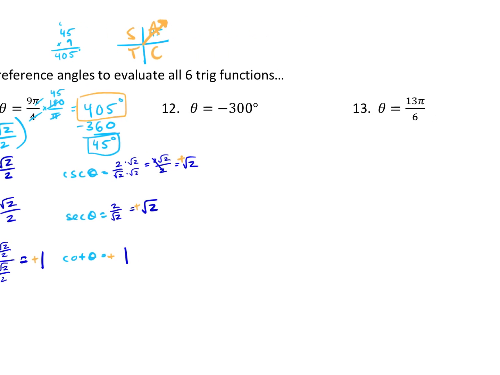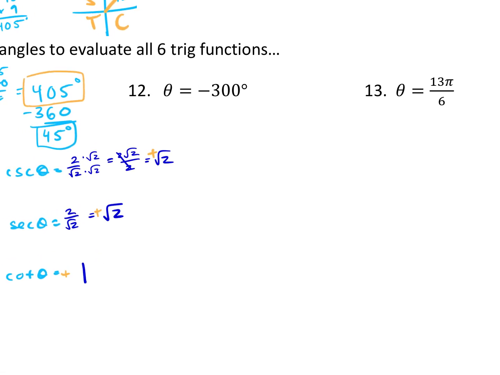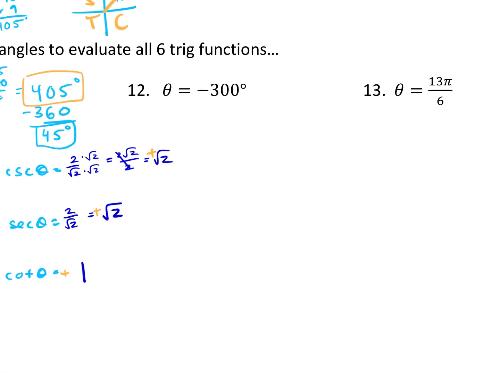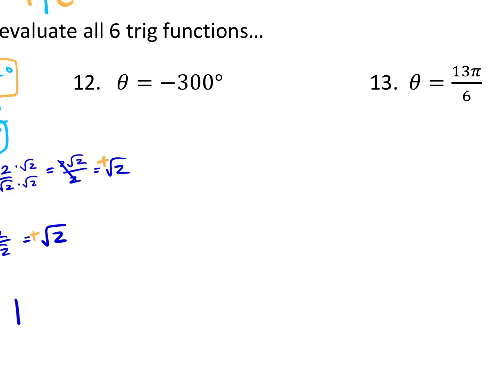All right, let's do 12. So same thing. We want to find our reference angle. So we have negative 300 degrees. Let's find the positive coterminal version of that. Actually, we'll find our reference angle first, but I want to do 13 because I want to make sure we check the signs there.